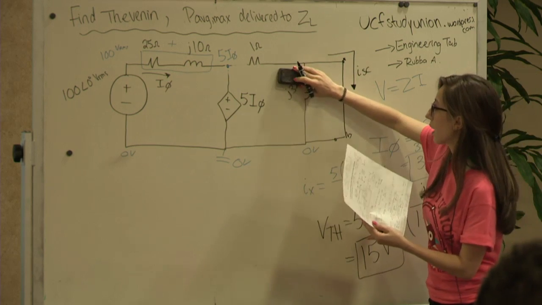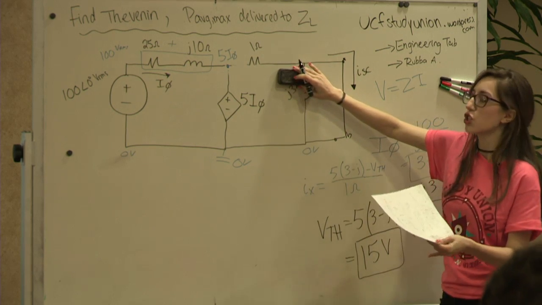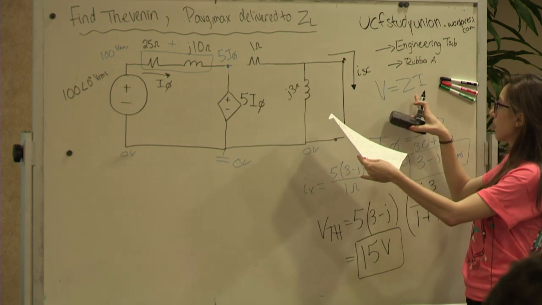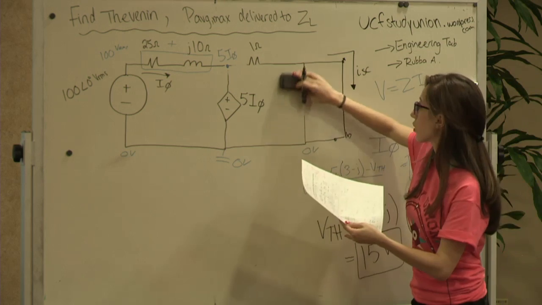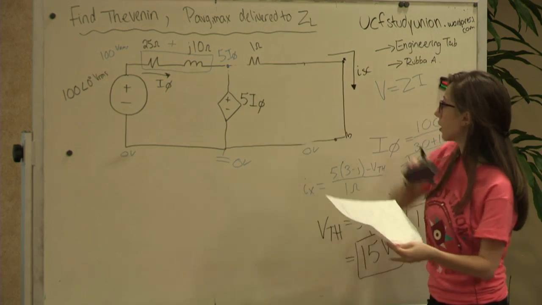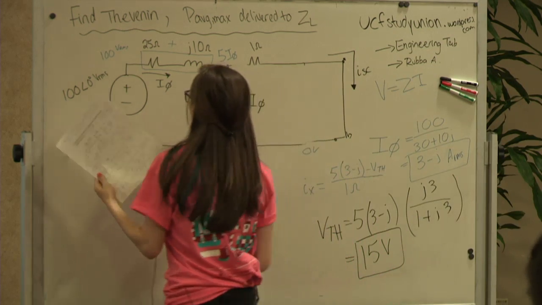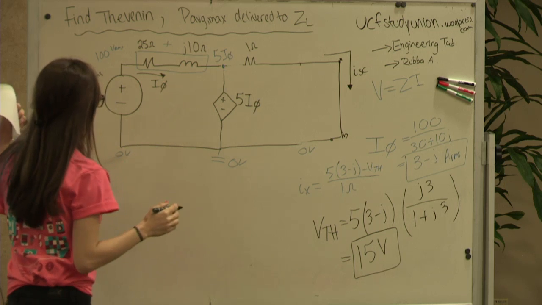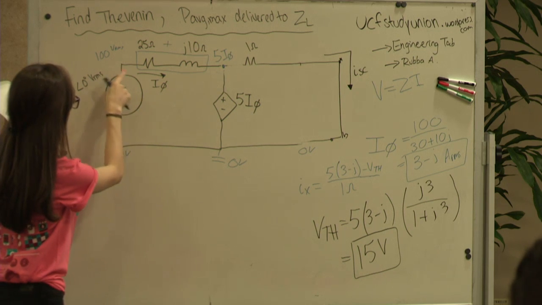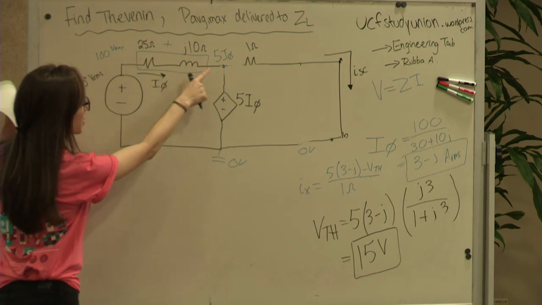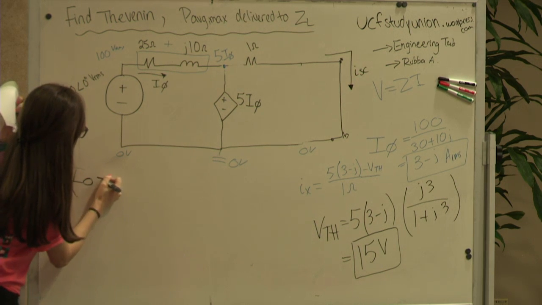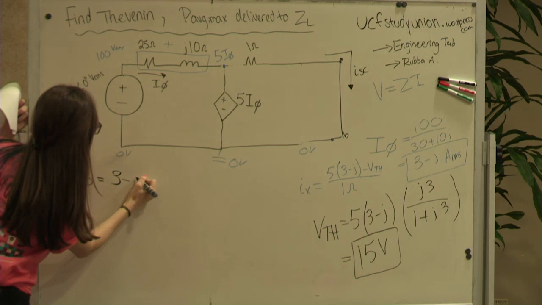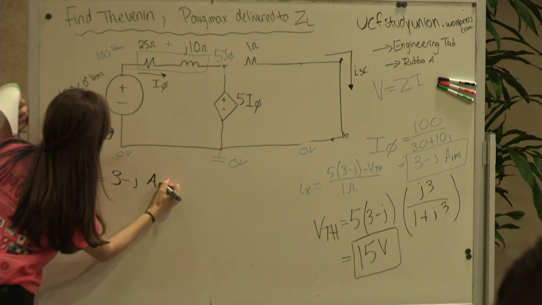So that means this goes away, because if it has 0 voltage but it has an impedance, then 0 divided by Z will give you 0 amps as well. So this is also an open. That goes away, and IO actually remains here. You'll see that you can represent IO as 100 minus 5IO over this once again, and you'll get IO equals 3 minus J amps RMS.